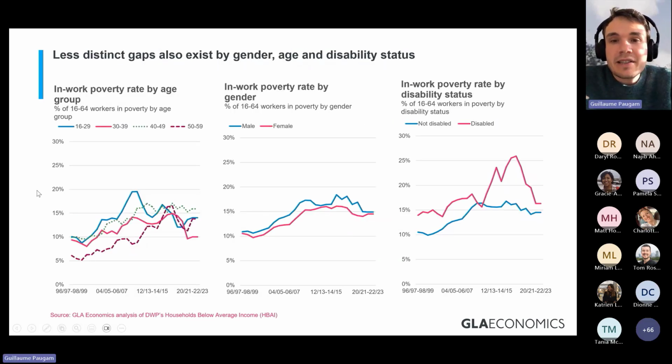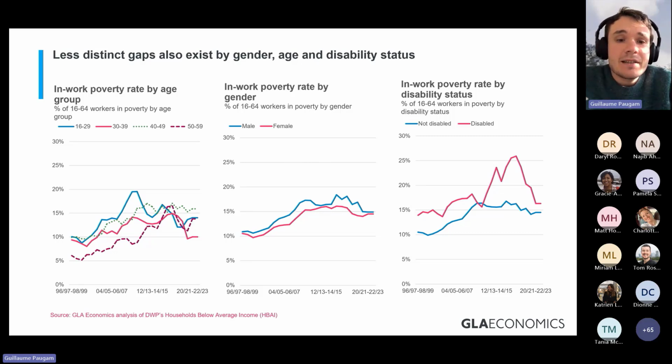I explored other characteristics as well, where the story is perhaps less clear cut. So by age, I appreciate there's a lot going on in that graph. What I want to emphasize from it is that for all age groups, the in-work poverty risks are at least as high, and in practice for most of these groups higher, now than 25, 30 years ago.